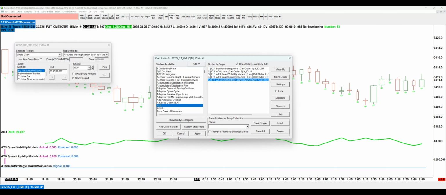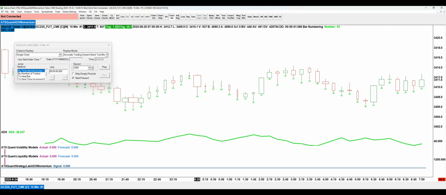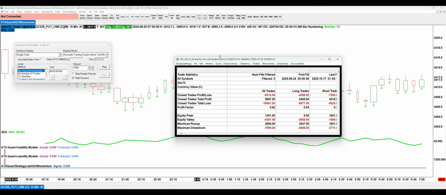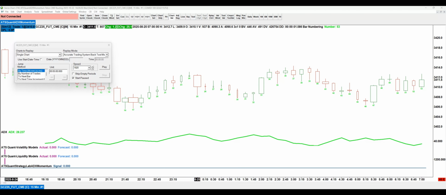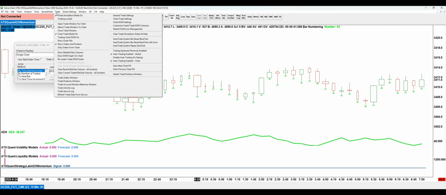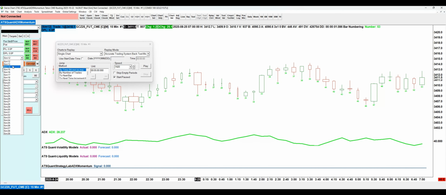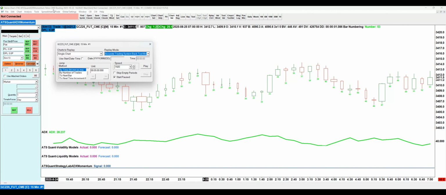So this looks good. The one thing that we're going to do, so that we can do a side-by-side, is that currently we are in Sim 12. So we're going to change our account to a different account. We can attach a trade window here, and we'll go down to Sim 13, and then we'll close this window.